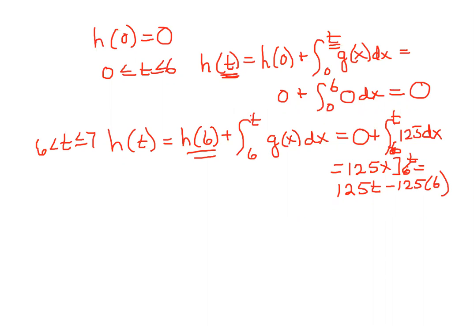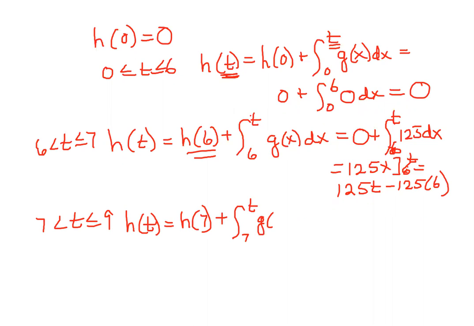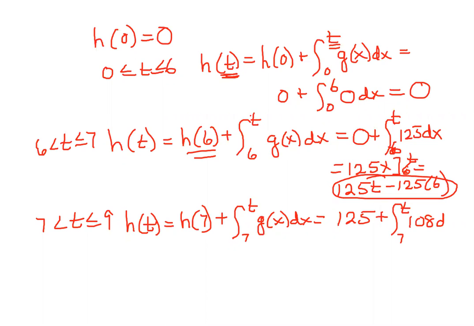And then between 7 and 9, H of t is the amount at 7 plus the integral from 7 to t of g of x dx, which equals 125, because when t equals 7, that's what this is going to equal, plus the integral from 7 to t of 108 dx.